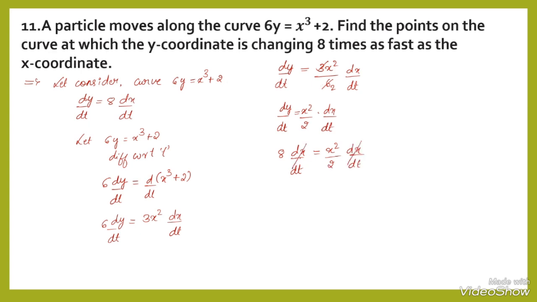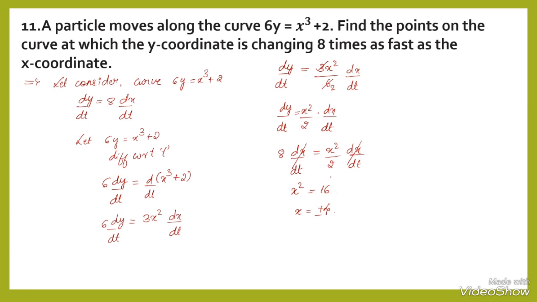This dx by dt will get cancelled. Taking 2 to the other side, it becomes multiplication. x square is equal to 16. x is equal to plus or minus 4.